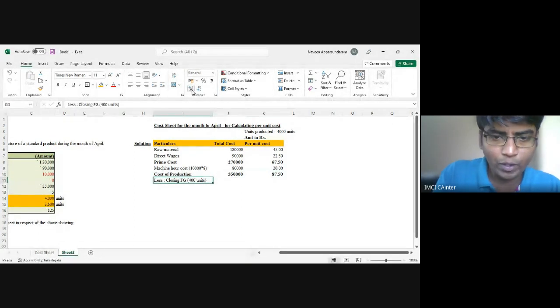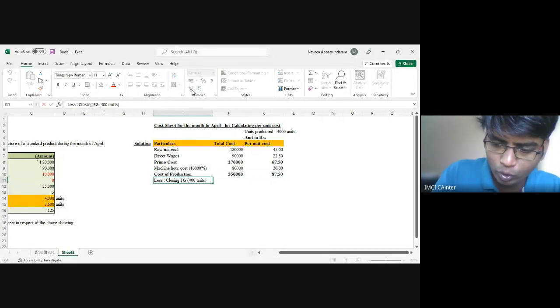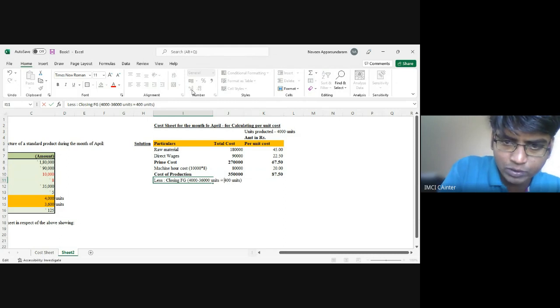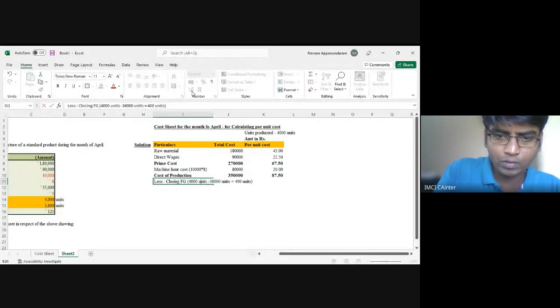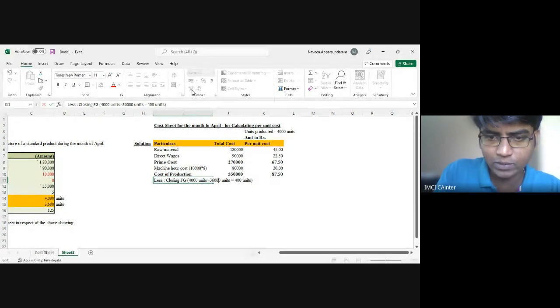So my closing finished goods, I will put it in detail. Total units produced is 4000 units minus 3600 units, which arrives at 400 units of balance. Produced 4000 units, number of units sold is 3600 units.